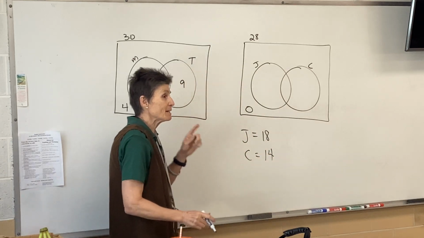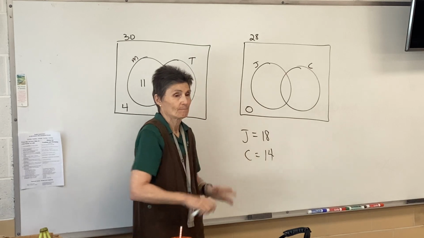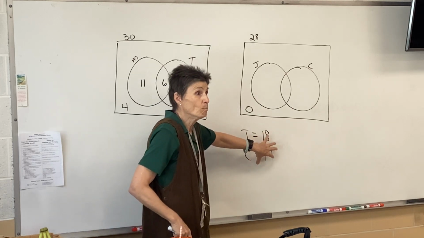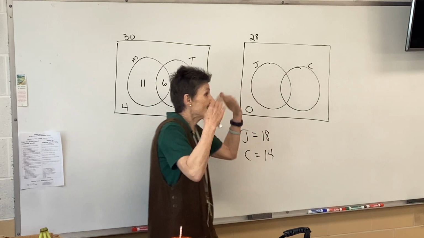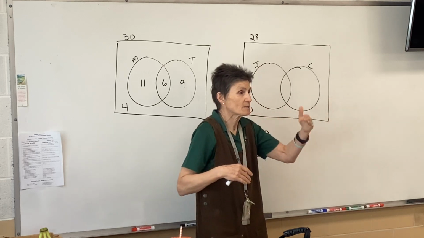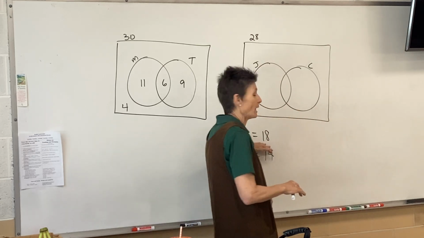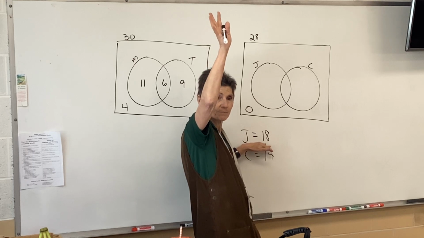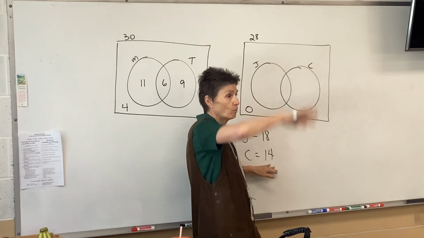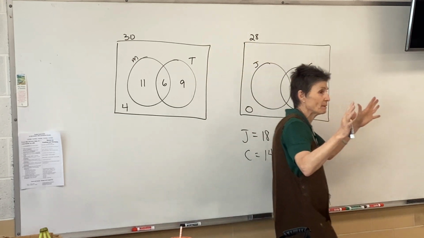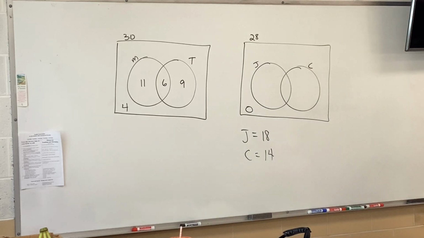Now, does anybody see a problem with this? There's more people here, so envision this for a second. There's 28 kids in the room. I say, raise your hand if you like jazz. 18 hands go up. Raise your hand if you like country. 14 hands go up. What had to have happened? Somebody voted twice, right?